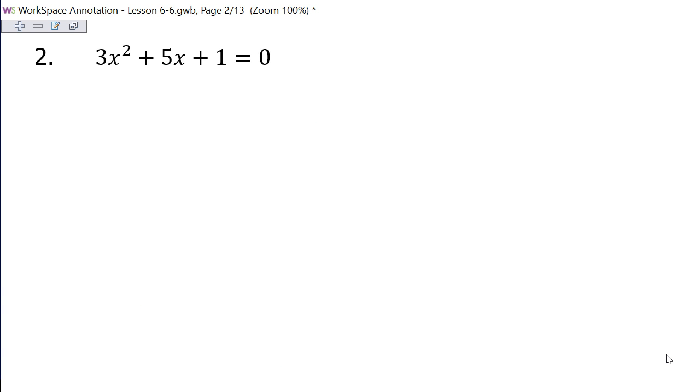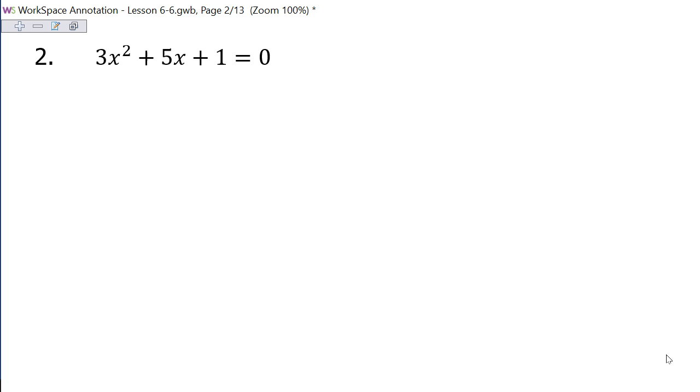Okay, number 2, we have 3x squared plus 5x plus 1 equals 0. Now for quadratic formula, it has to be in standard form. Is this one in standard form? Yes.